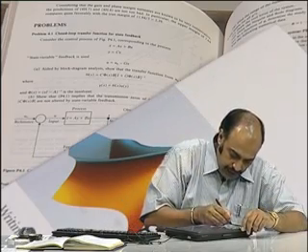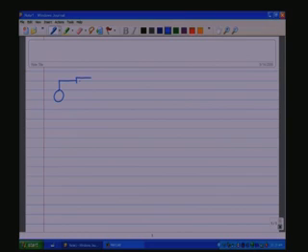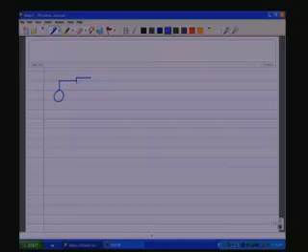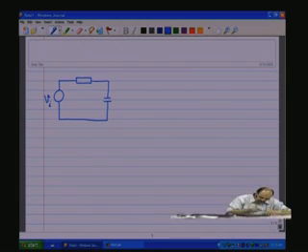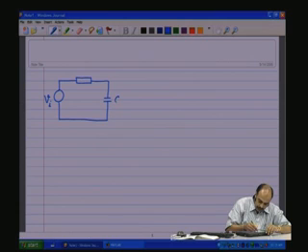So, let us take an example. Like in the last class, we shall take the example of the simple RC circuit first and then work on a bit more complex circuits. This is an RC circuit which has a Vi source. You have a capacitance C and a resistance R here.